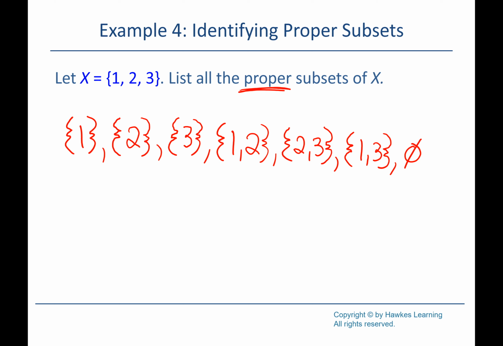But if we're thinking about the possible subsets, then it's technically on there because you could have the empty set. So the empty set is a subset of every set. It's always going to be on the list, so just remember it. There's all of our proper subsets.